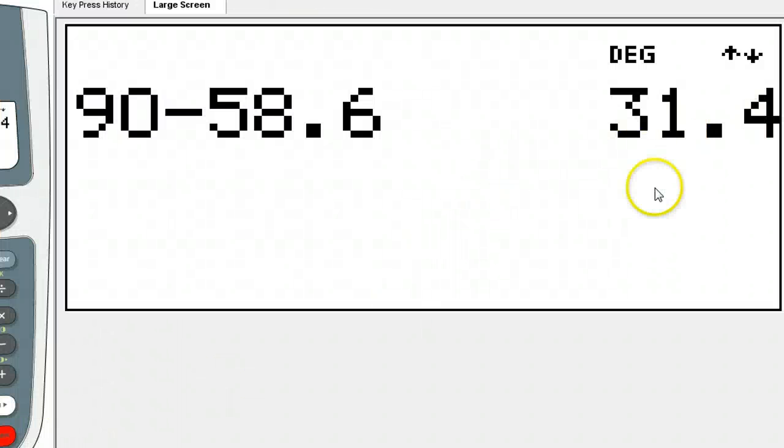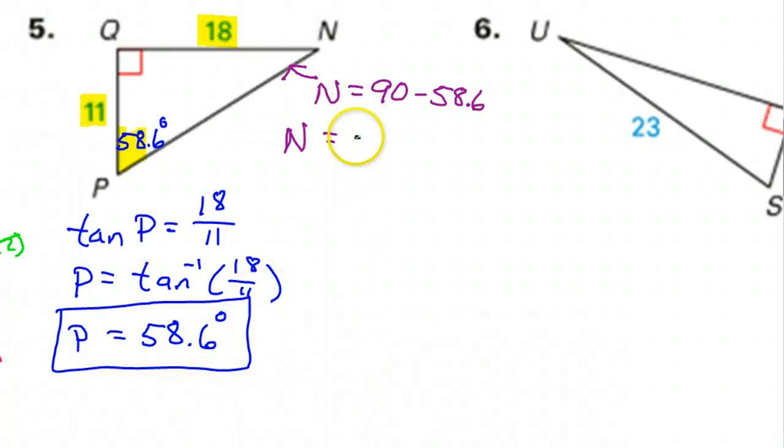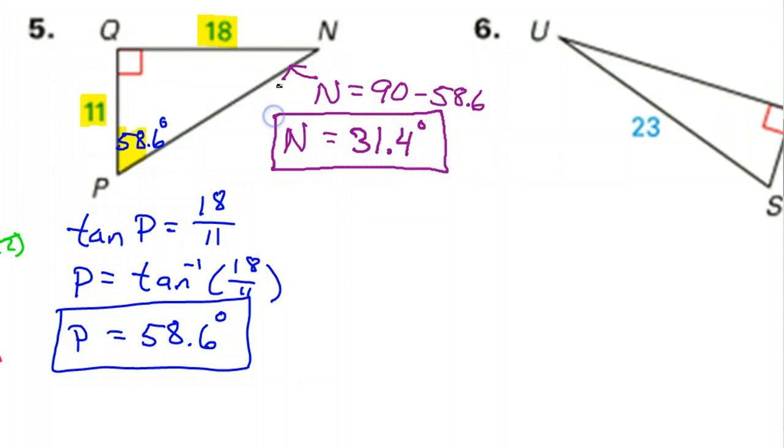So that's 31.4 degrees. Don't forget your degree symbol. So we found the measure of angle N.